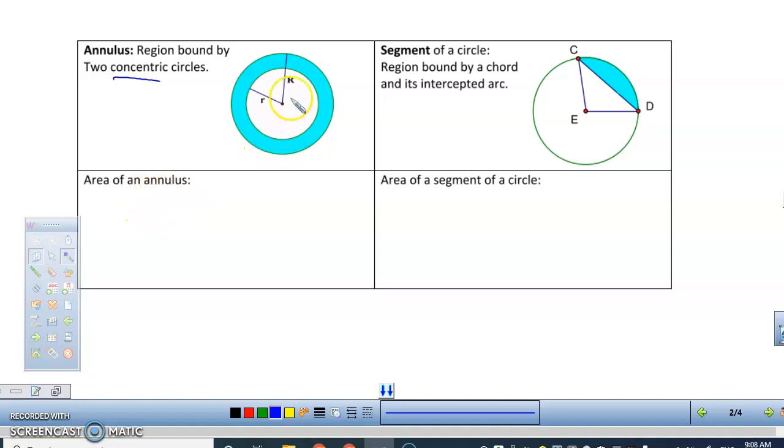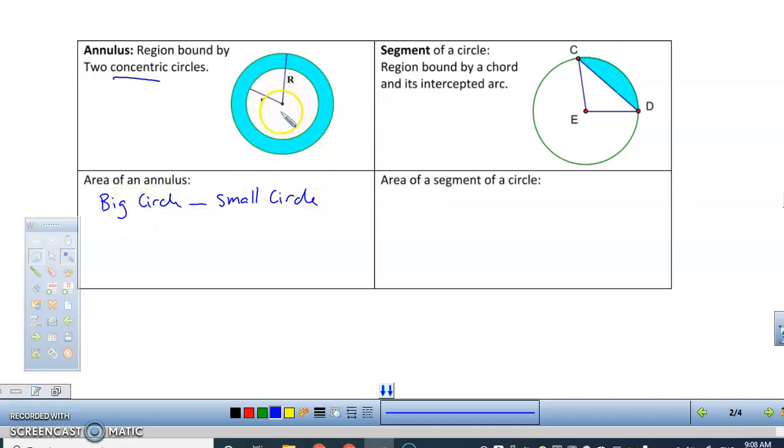If we find the area of this entire big circle, and then take away that white circle, the small circle, that should leave me with the shaded region.